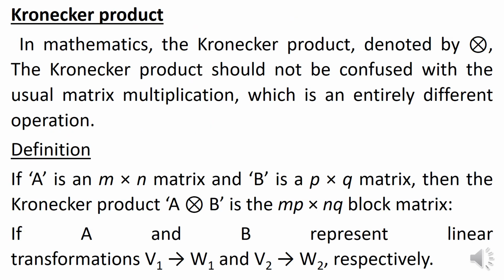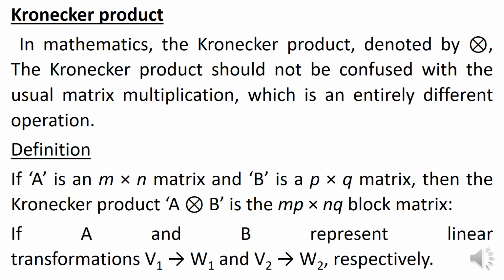Now, the Kronecker product is very important and related to the Kronecker delta. In mathematics, the Kronecker product is represented by this circle with a cross. This is not the same as matrix multiplication, so it should be considered differently.